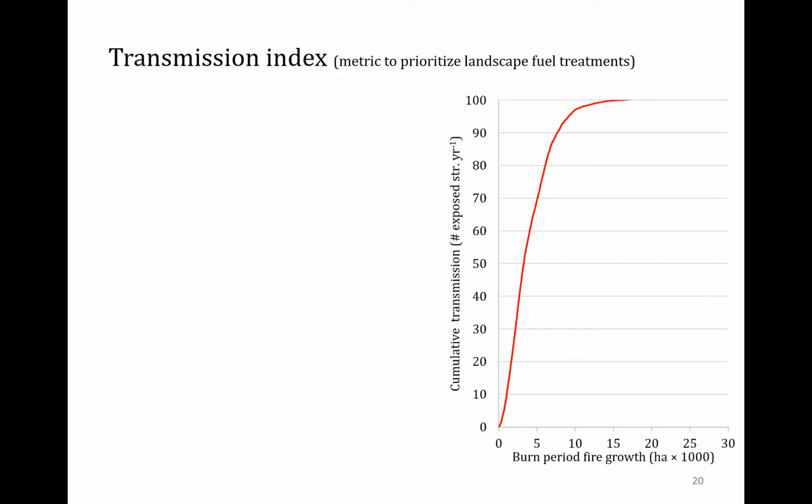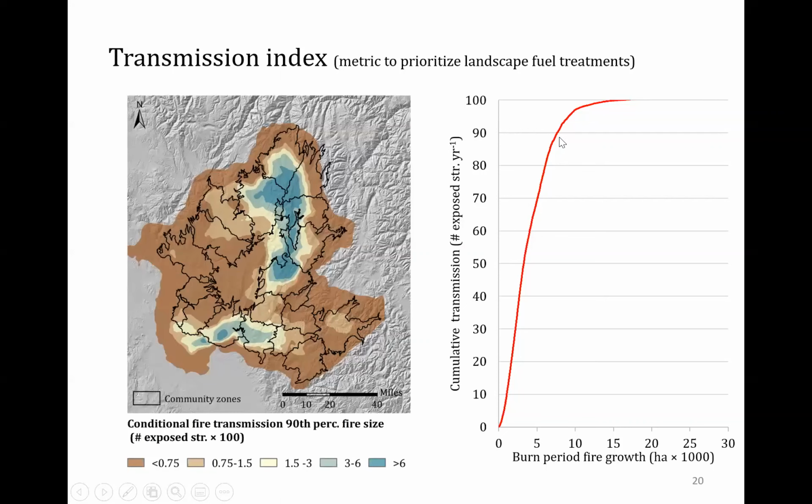This is the chart where we have the cumulative transmission. We took the transmission for all the fires and calculated the cumulative transmission. We first ranked all of them based on fire size, and from this chart we obtained that all the fires up to 7,260 hectares account for 90% of cumulative transmission. Using the fire ignition locations attributed with the number of exposed housing units, this is the transmission output.